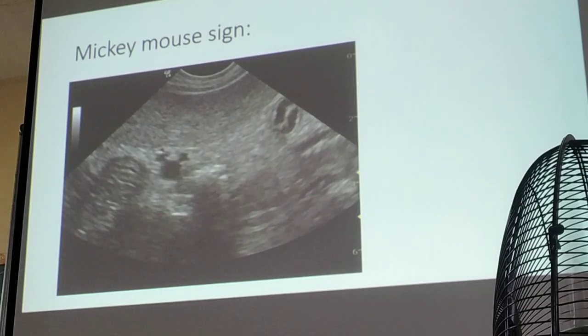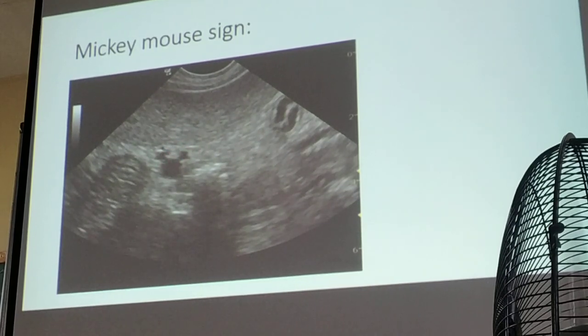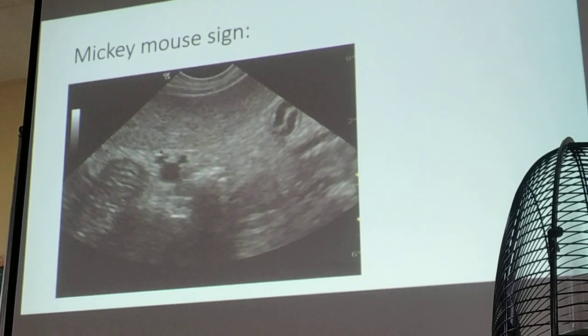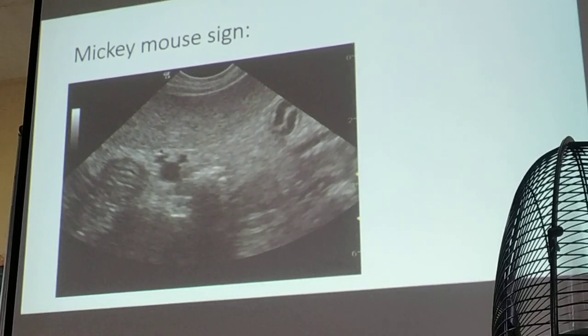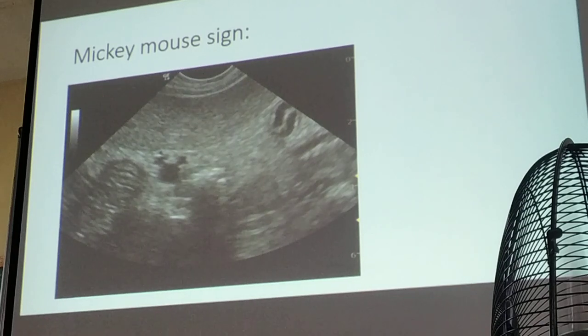There, the Mickey Mouse. That's the head, and then that's the ears of your Mickey Mouse. What structure is the Mickey Mouse? Mickey Mouse sign. That's your portal triangle.